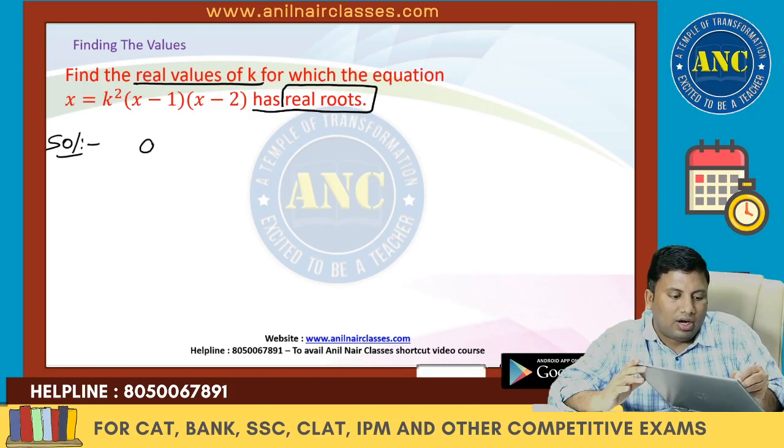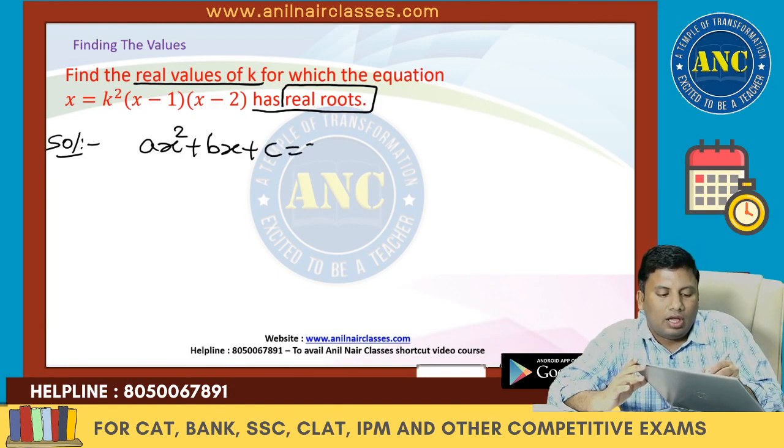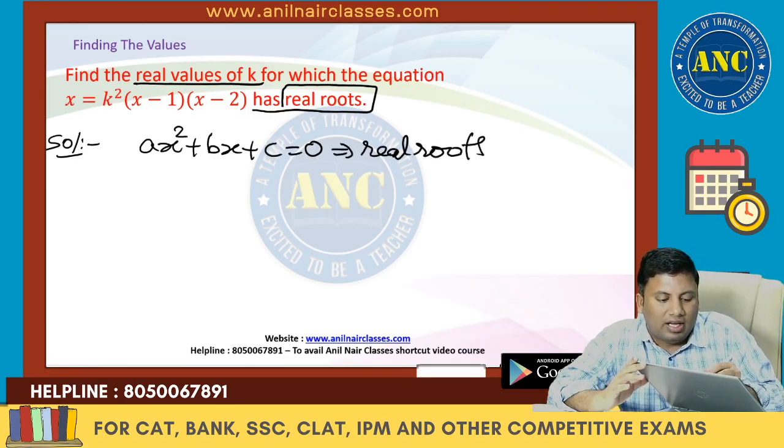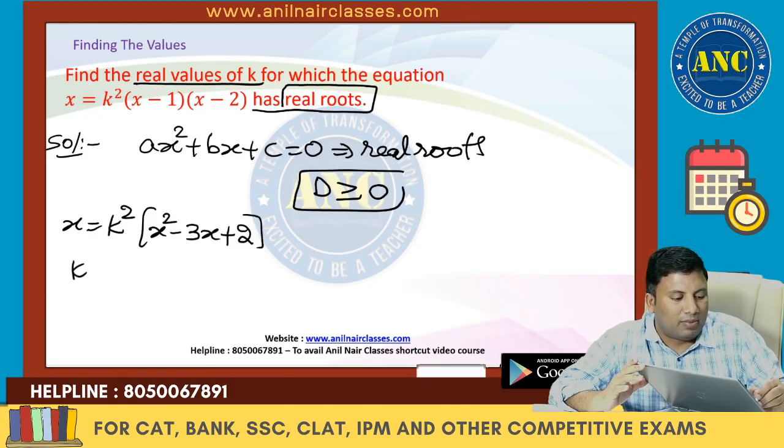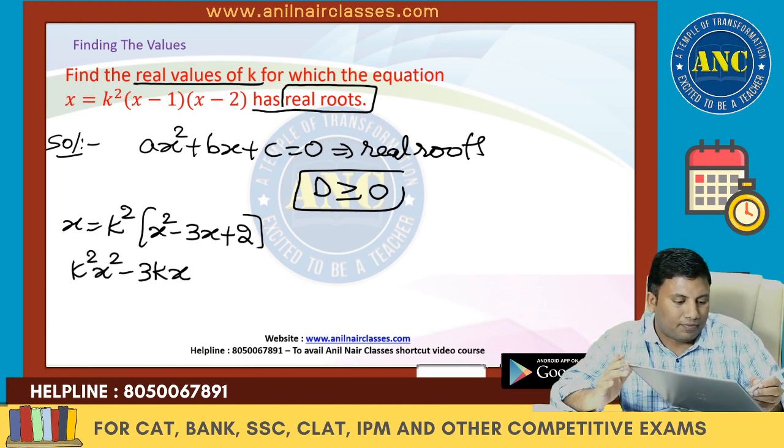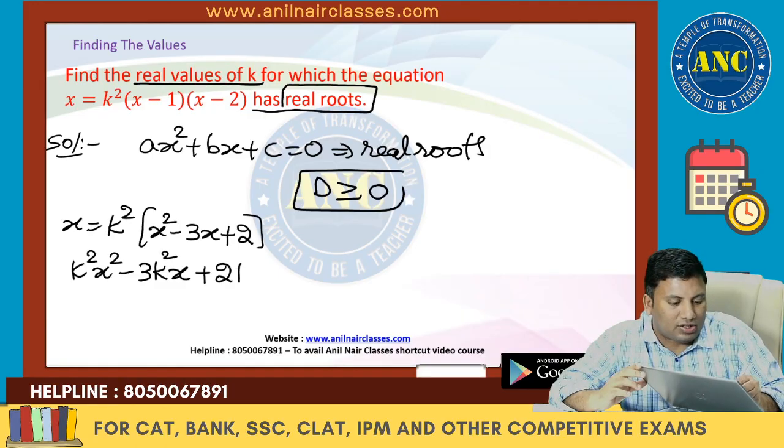The equation has real roots. ax square plus bx plus c equivalent to 0 has real roots. When the real roots are there, d is greater than or equivalent to 0. This is nothing but k square into x square minus 3x plus 2, which is k square x square minus 3k square x plus 2k square minus x equivalent to 0.